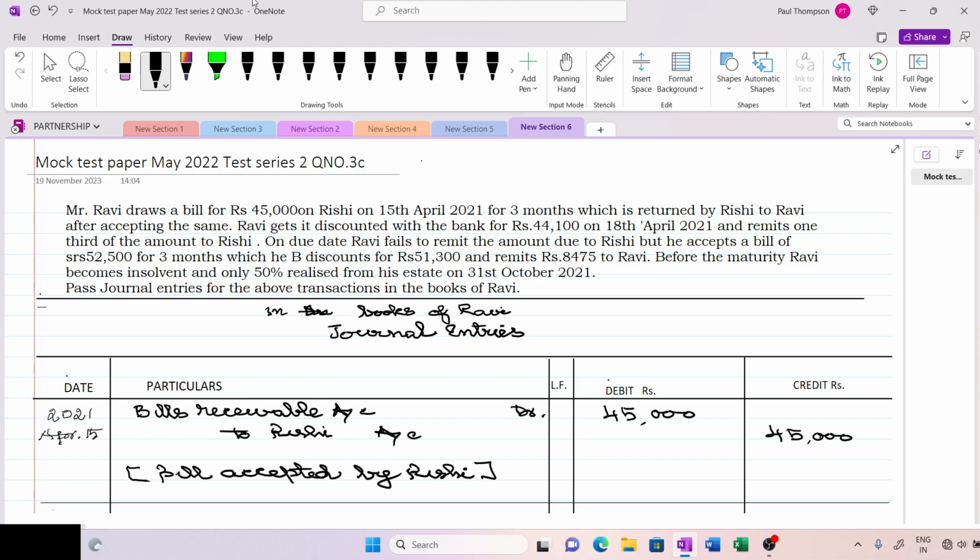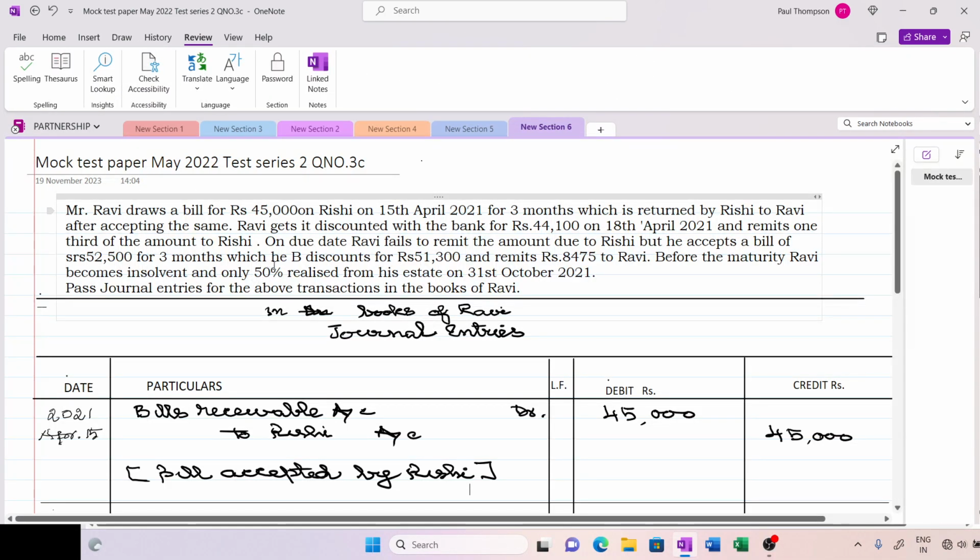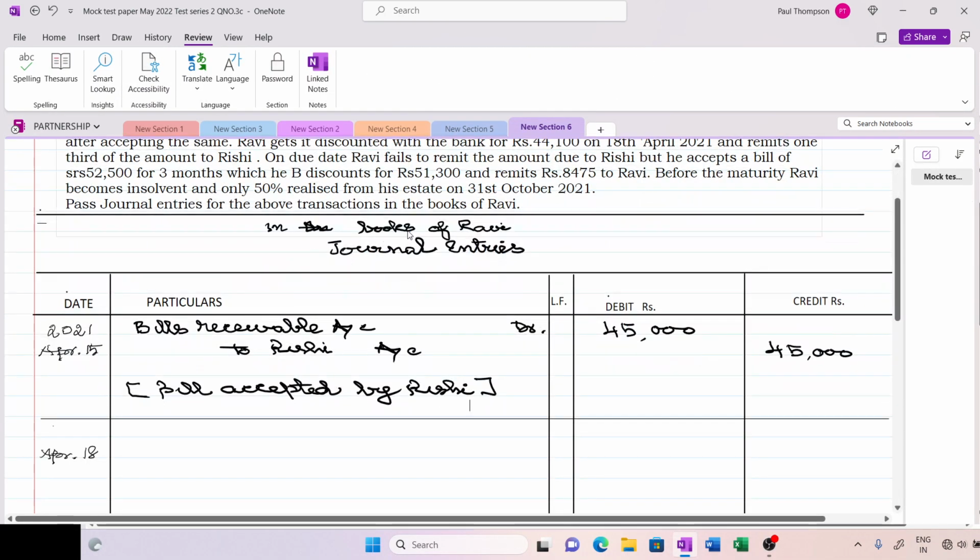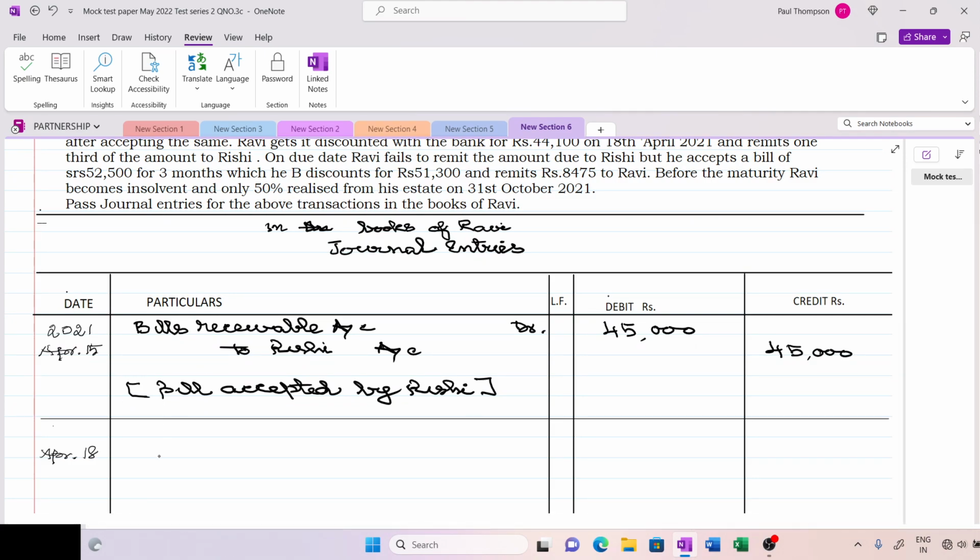Next, on the same date, he gets it discounted with the bank on 18th April 2021 for 44,100. So I put the date. So now he is discounting it with the bank, he is receiving money. So you have to debit the bank account rupees 44,100.